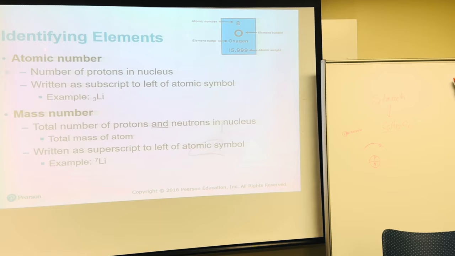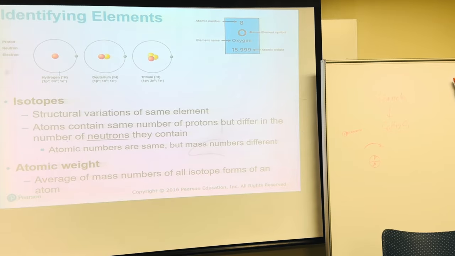So when we say atomic number, what do we mean by that one more time? The number of protons. Very good. And where do we write the number of protons? The number of protons, or atomic number, we usually write it as a subscript. And when we say mass number, what do we mean by the mass number? Mass number is basically the total of your number of protons and the number of neutrons.